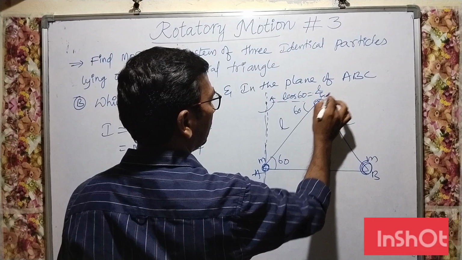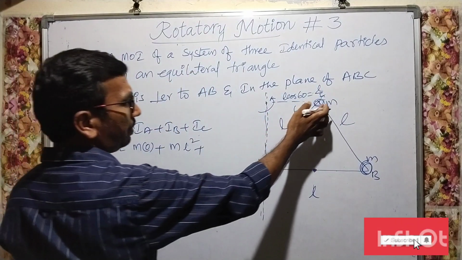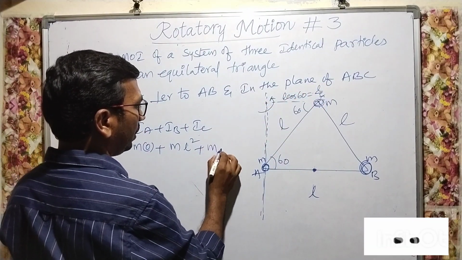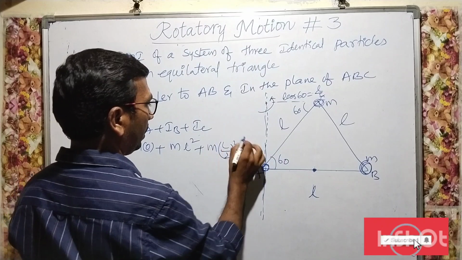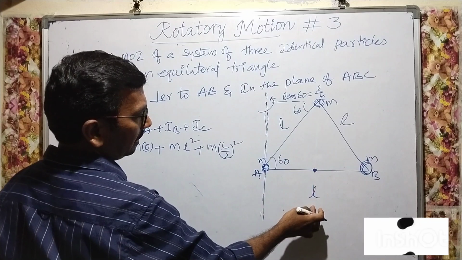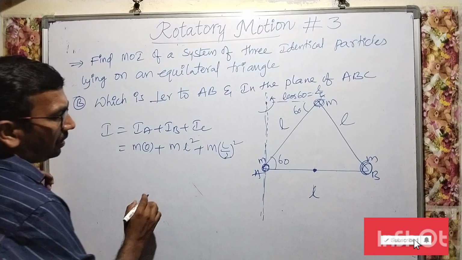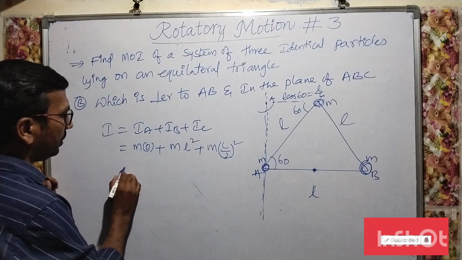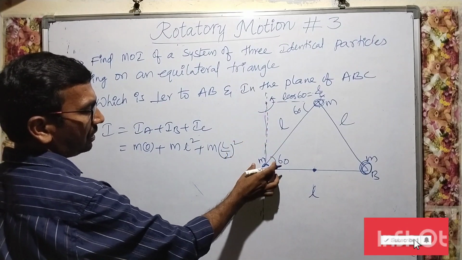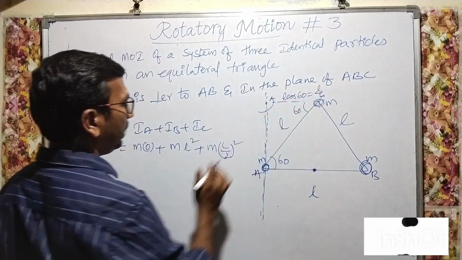So the perpendicular distance from the C particle is L by 2. This distance exactly passes through AB. For the axis passing through A, the perpendicular distance is 0. For the B particle it is L, for the C particle it is L by 2.